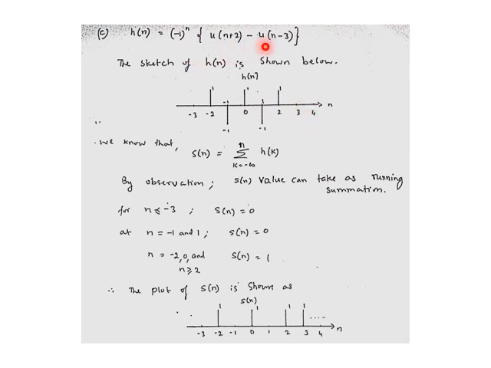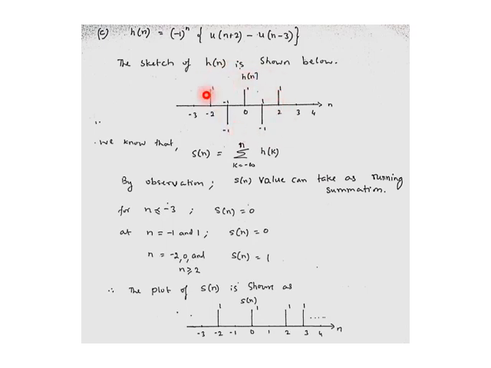When n is minus 3, this is also 0. For n more than 3 or less than minus 3, we have 0 times minus 1 to the power of any value, which will be 0. So the value is defined from minus 2 till 2.